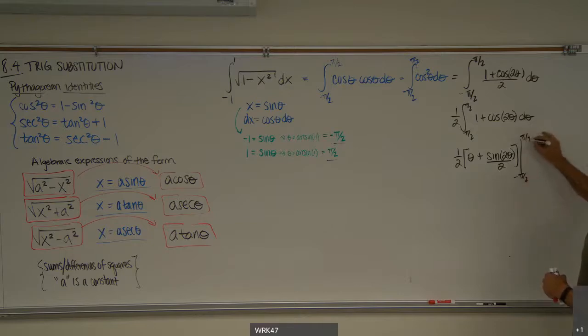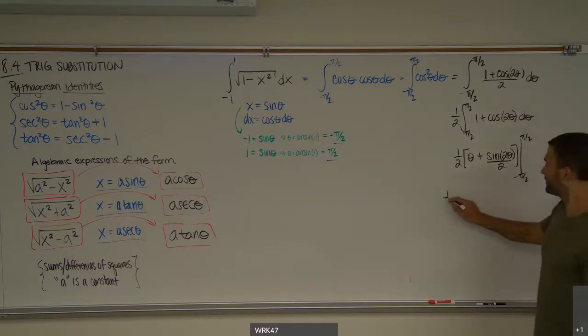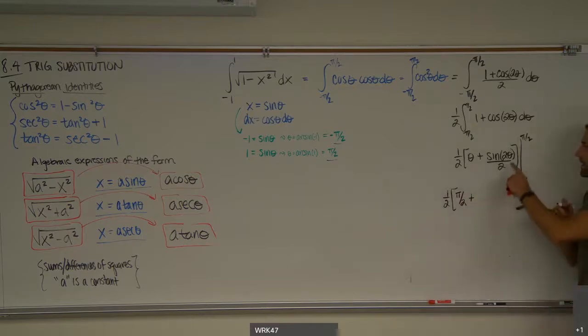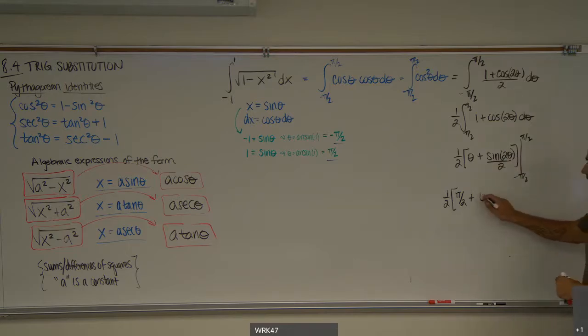The fundamental theorem of calculus kicks in, says take that antiderivative, plug in pi/2, minus take that antiderivative, plug in -pi/2. 1/2 pi/2 plus sine of 2 times pi/2. This is important, right? We're multiplying by 2 here. We've doubled the angle. And so when I replace theta by pi/2, the 2's cancel, I end up with sine of pi. Now sine of pi is actually 0. So that second term's gone.